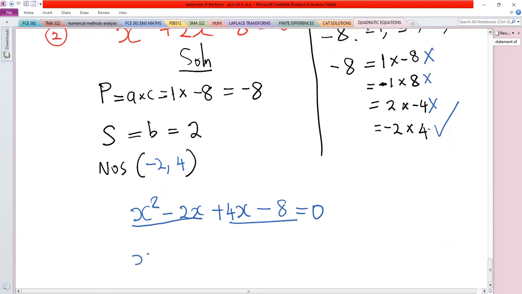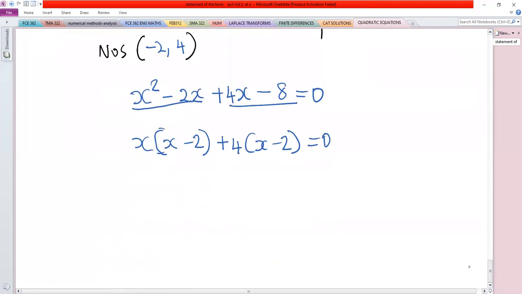Common here is x into x minus 2, plus common here is 4 into x minus 2 equals 0. So we'll have x plus 4, and then x minus 2 equals 0.